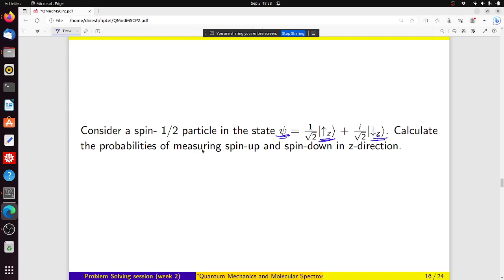Then calculate the probability of measuring spin up and spin down in z direction. So this wave function is given, 1 by root 2. It's very simple, you can tell it just by looking at this wave function.